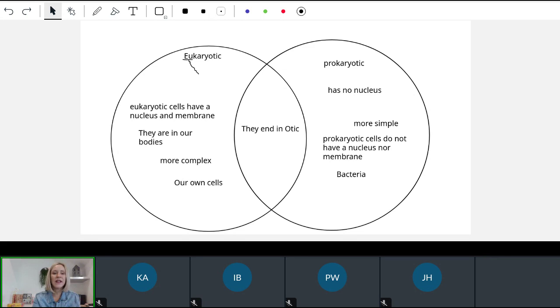I say we are going to dissect words, not animals this year. Does anyone know what that prefix "eu" means? Because that's also a clue. It doesn't just remind us that it's the type of cells that you are made up of, but it also tells us what?